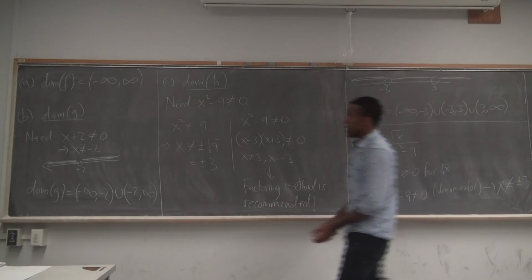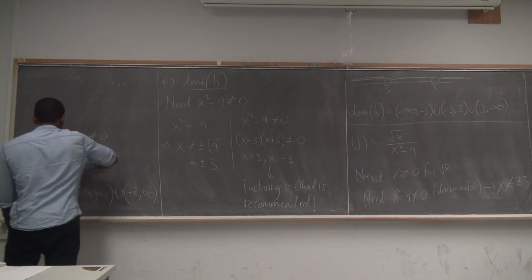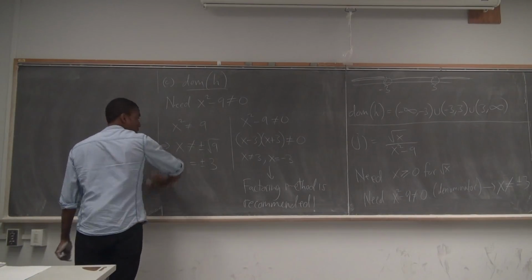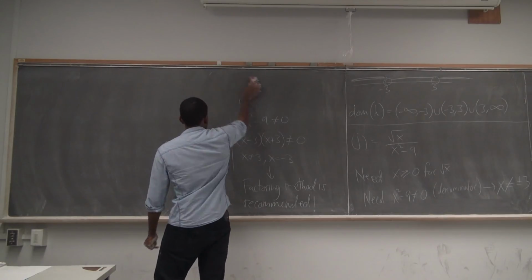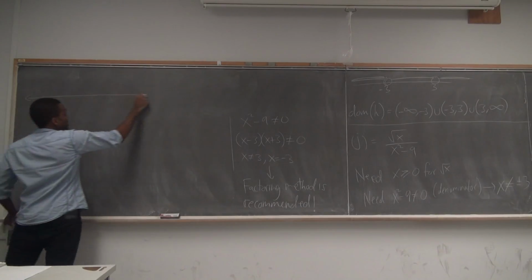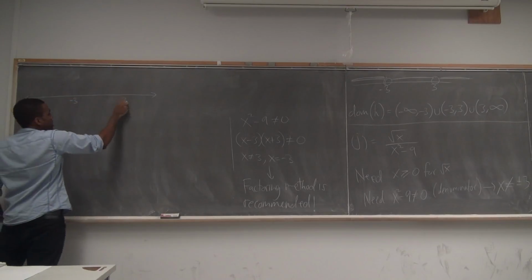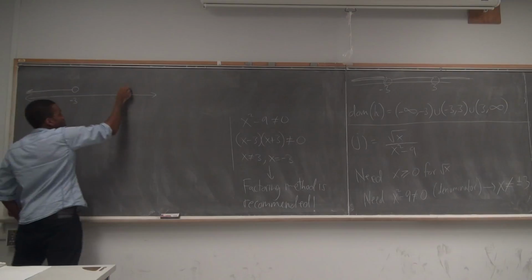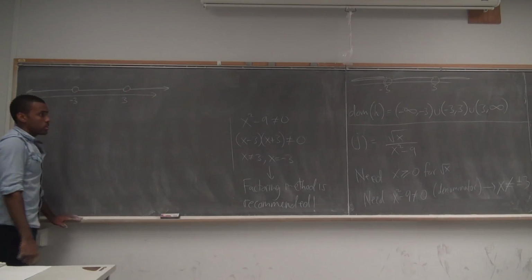So now how do I actually figure out what the domain of the whole thing is? The trick is to draw each of those on a number line and figure out where the overlap is. So here's my number line. I know for one function, minus 3 and 3, I have to avoid those, but I can work over here, I can work in between them, and I can work anywhere over there.